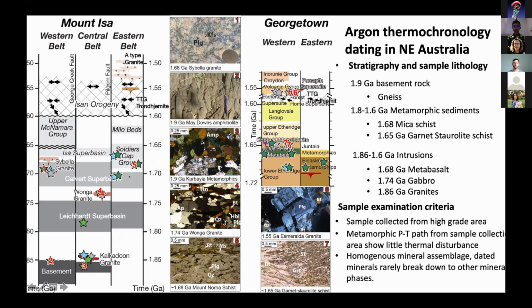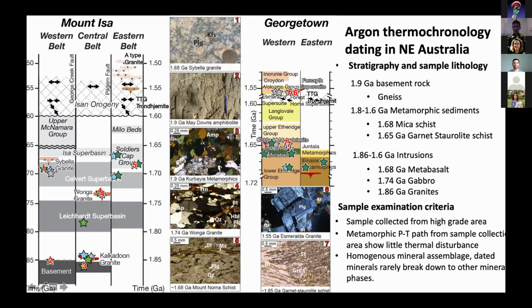So we're trying to see what kind of information we can get, whether they can tell different tectonic domains. We're trying to collect as homogeneous rock as possible, because when we apply argon dating there is an issue: if the rock is not homogeneous, you reopen your system, you are affected by fluid, and then your age is meaningless in terms of tectonic interpretations.